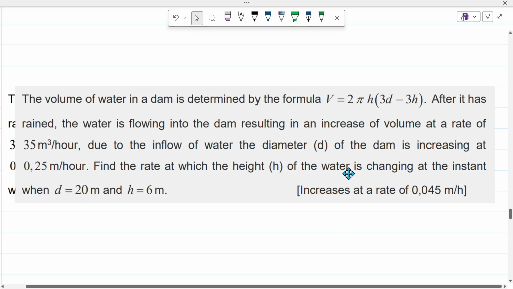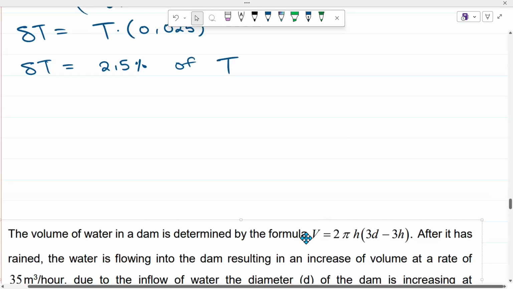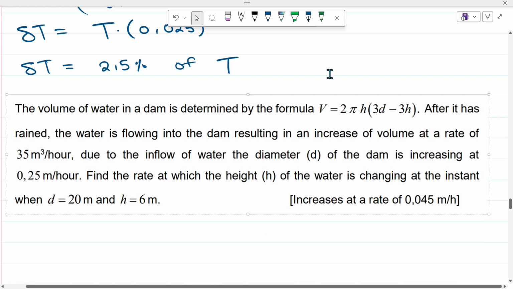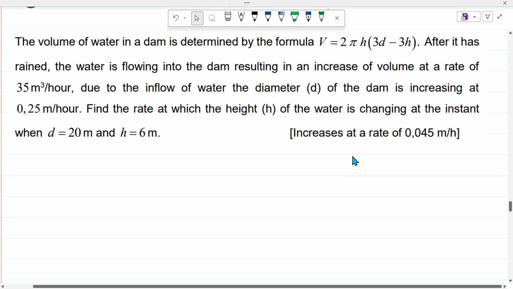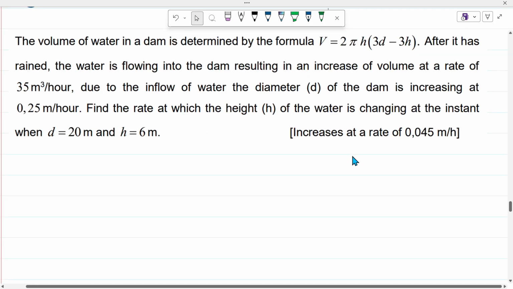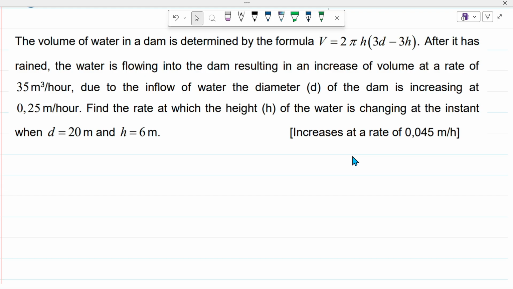So now we have that the volume of water in a dam is determined by the formula V equals 2 pi h (3d minus 3h). After it has rained, the water is flowing into the dam, resulting in an increase of volume at a rate of 35 cubic meters per hour due to the inflow of water.